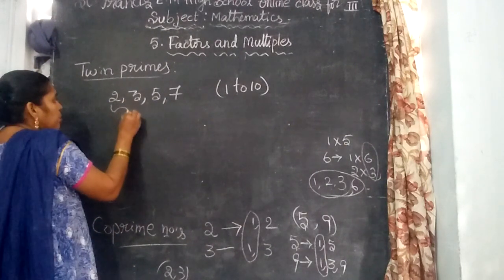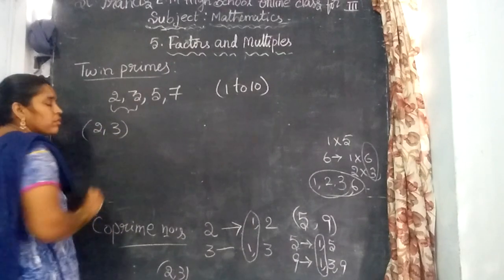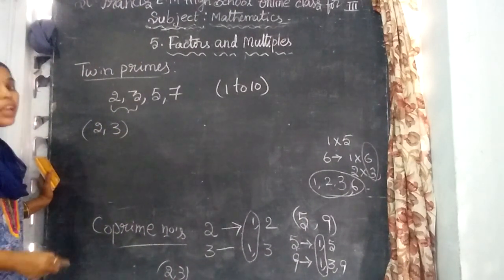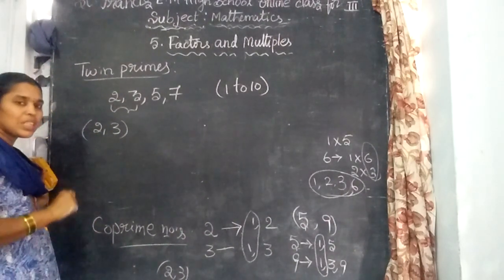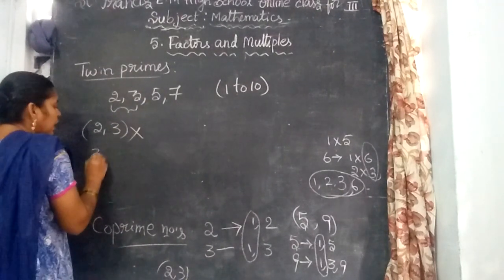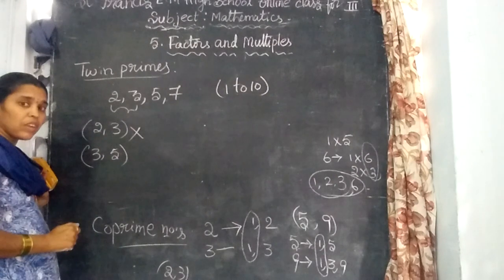Here take these two numbers 2 and 3. Are 2 and 3 twin primes? What we have to check? Their difference must be 2. 3 minus 2, how much? 1. So is it twin primes? No. Then you take 3, 5. What is the difference between 3 and 5?